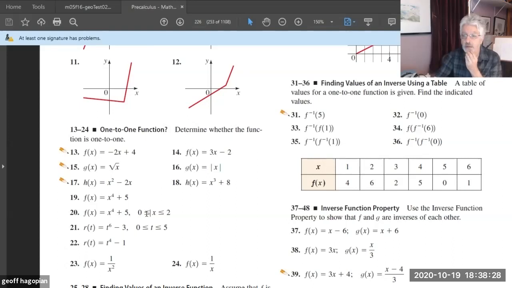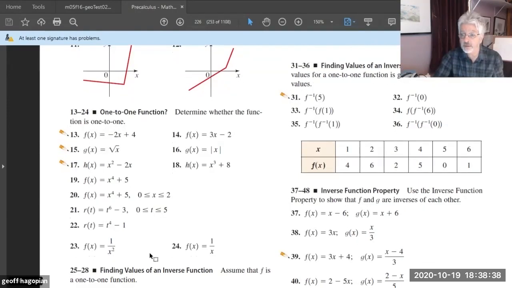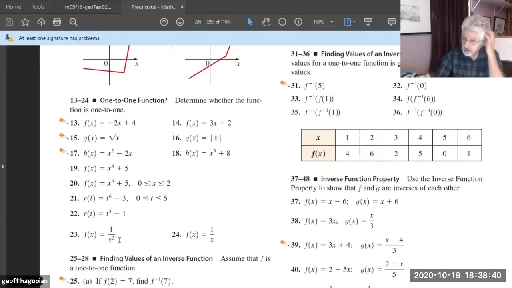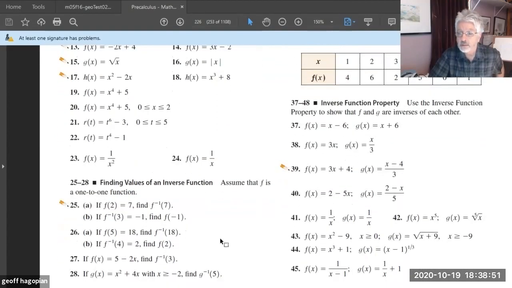So if you just include this little segment where x is positive, that piece of it will be one-to-one. Reciprocal of x squared, well, no, that's an even function. So if you don't restrict the domain, it's understood that you're using the largest possible natural domain, and it's not one-to-one there. 1 over x, that's a classic one, right? It's its own inverse. So we studied that earlier.